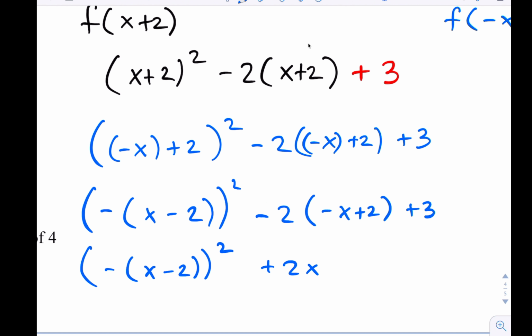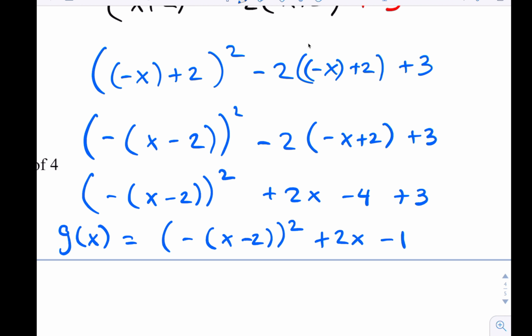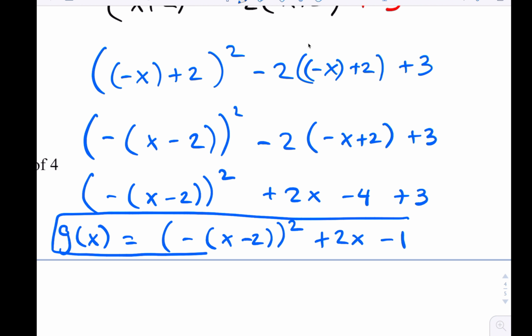So that's plus 2x minus 4 plus 3. My final answer is going to be negative x minus 2 squared plus 2x minus 1.